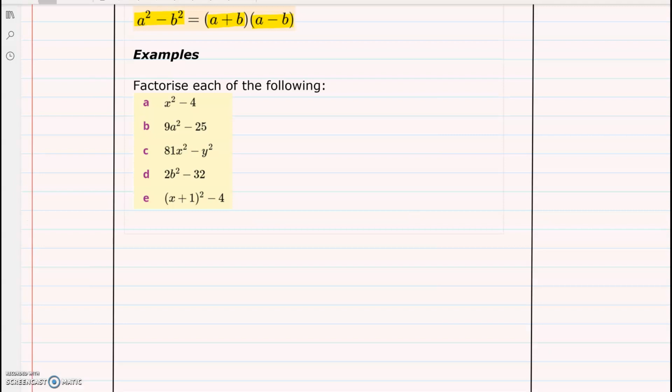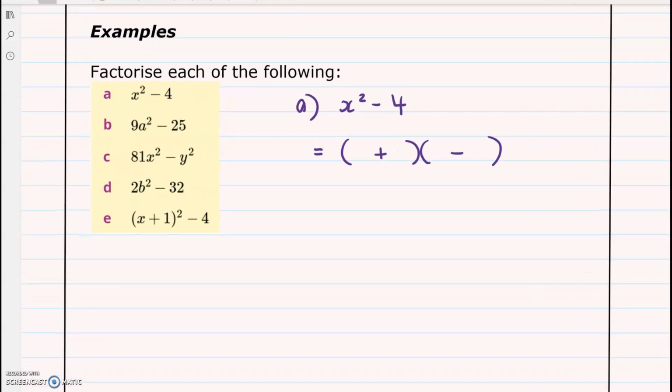So in these examples, the first one, in A, we've got x squared minus 4. So some of you will be able to work through a little bit quicker. That's okay. I'm going to put it, because x squared is obviously a perfect square and 4 is a perfect square, it means I'm going to put into two brackets. One's positive and the other will be negative.